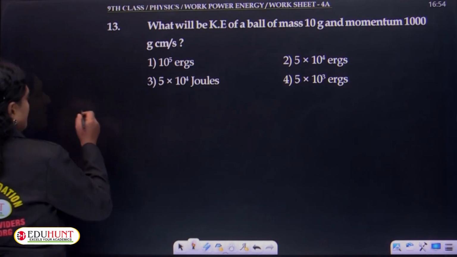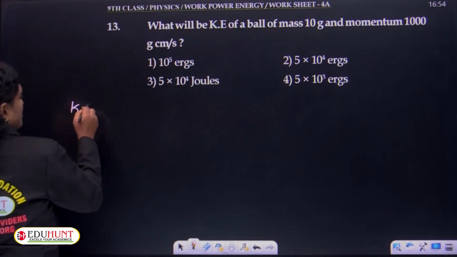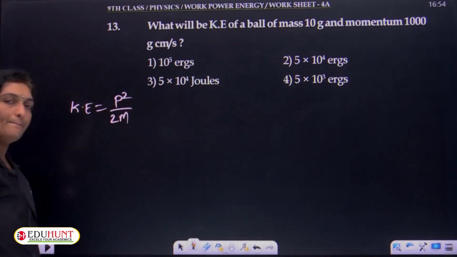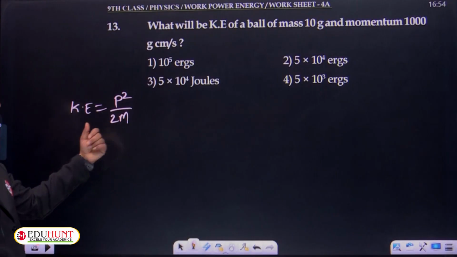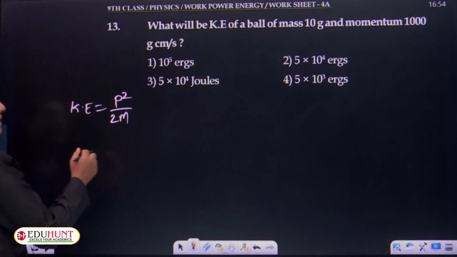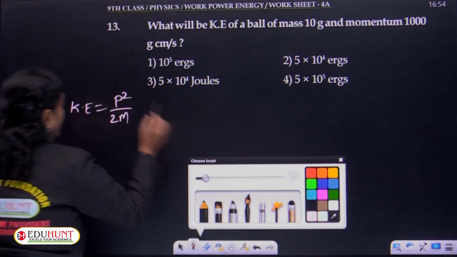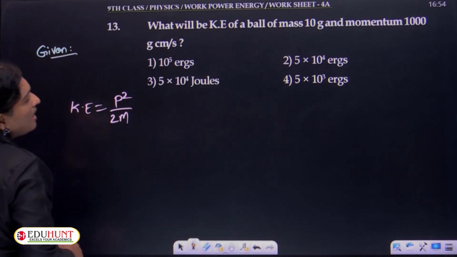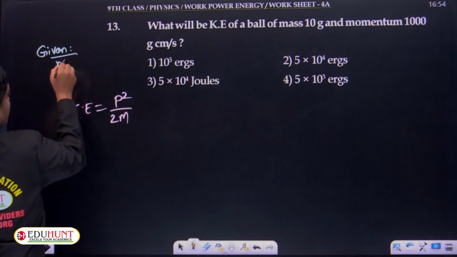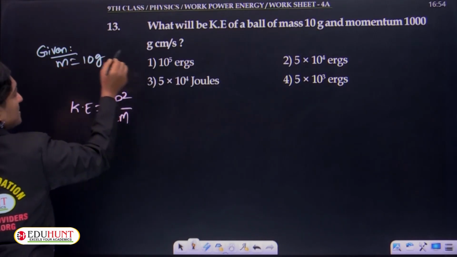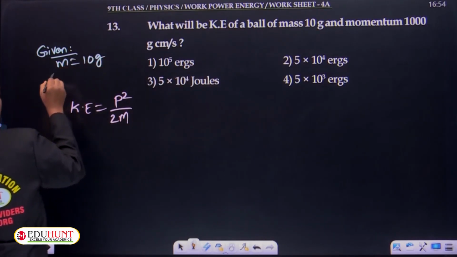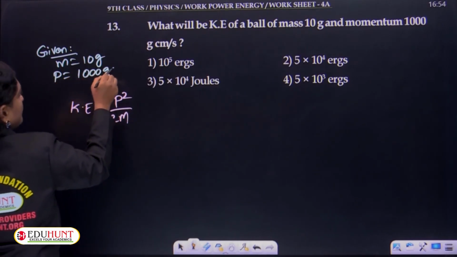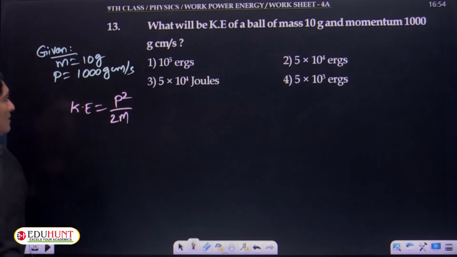They have asked you to find out the kinetic energy. What is the formula for kinetic energy? Formula for kinetic energy is P square by 2m. So, what is the given condition, children? Given mass of the ball m equals 10 grams and momentum of the ball P equals 1000 gram centimeter per second.